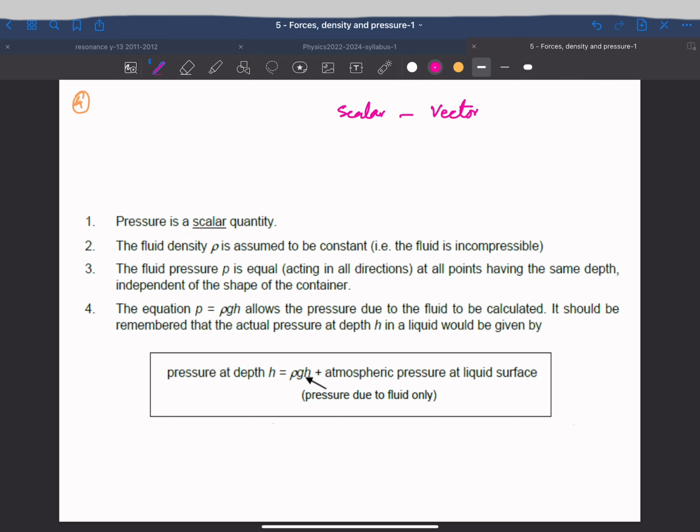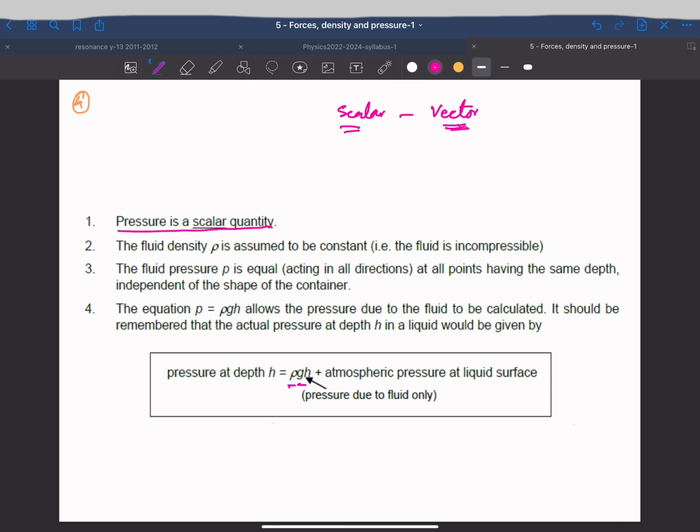A scalar quantity need not have any direction, but to explain a vector you need the direction of the quantity as well. So pressure is simply a scalar quantity, yani you need not mention any direction. You only have to talk in terms of the height, rho and g, and you will get the idea of what the pressure is.